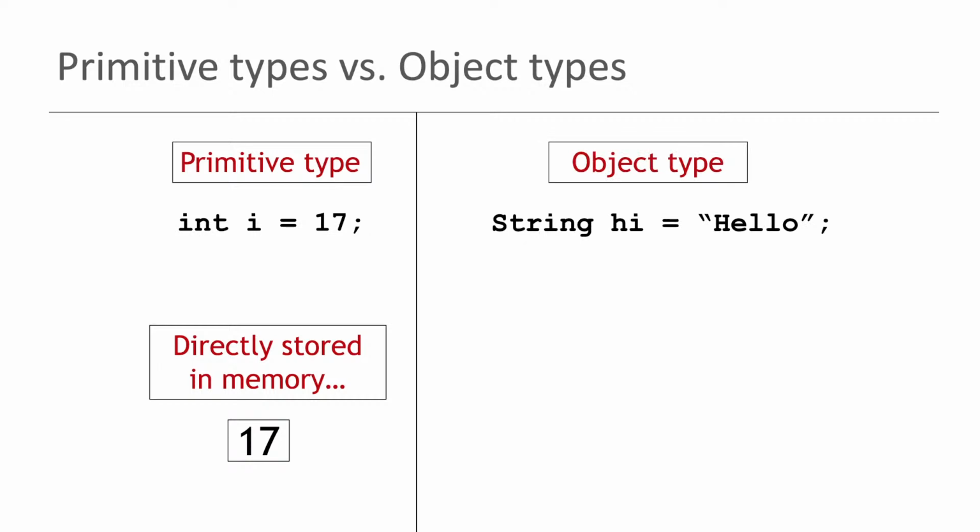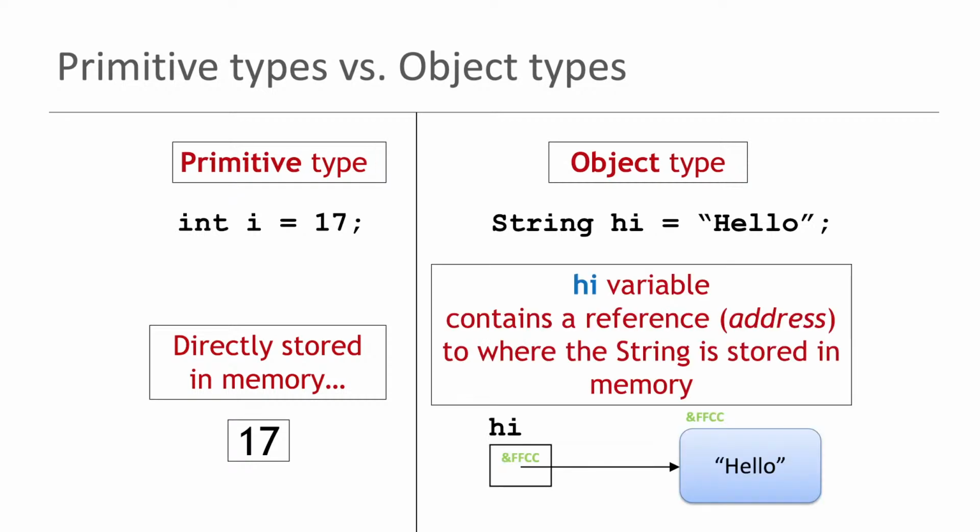When we have an object type, and we say String hi is assigned a value "hello", what actually happens is this. The hi variable contains a reference or an address to where the string is stored in memory. So we don't put hello into the box. Hello is in memory, and we get the address of where it's stored in memory. I'm representing that here by ampersand ffcc.